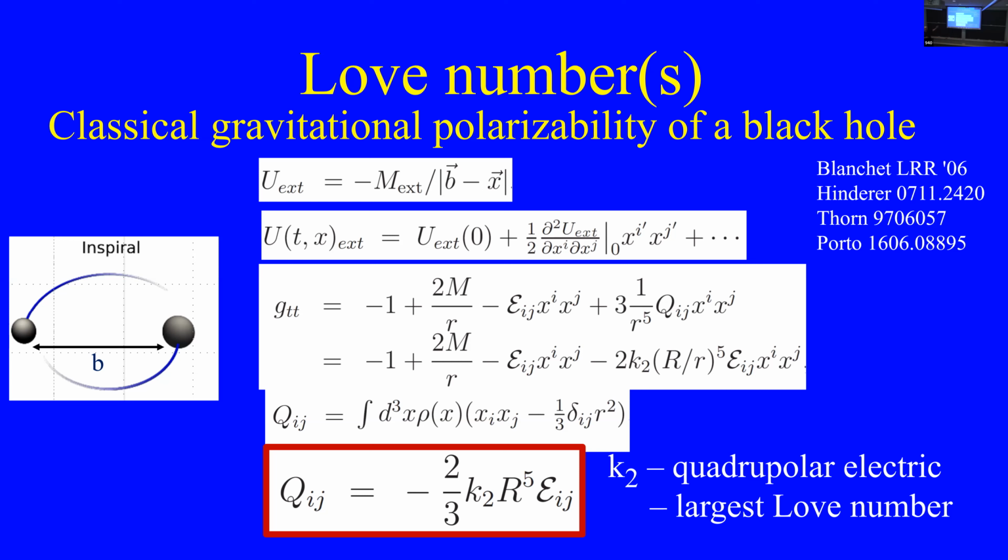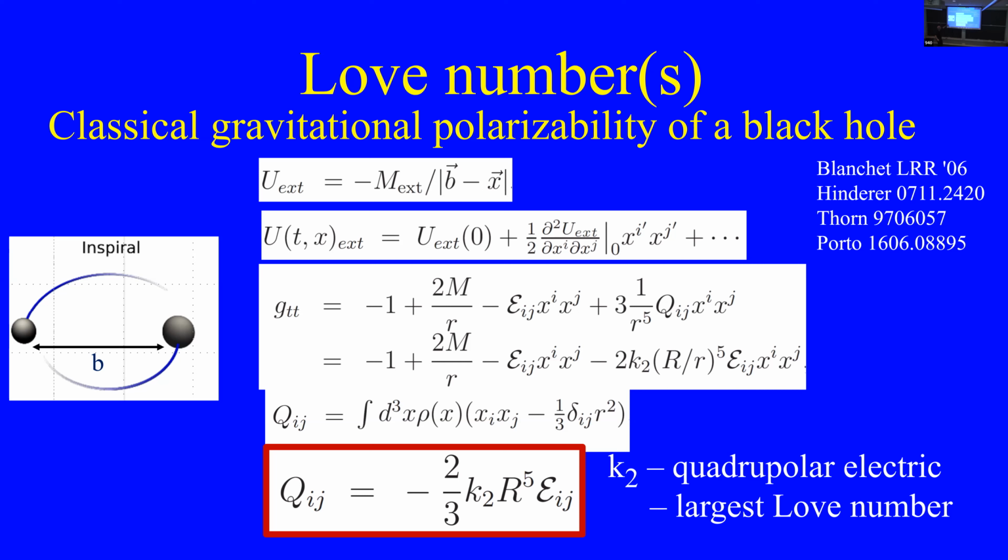Because these are tidal effects, these are called Love numbers. They were studied for quite a long time. The context in which they are thought about is a binary in-spiral of binary compact stars.